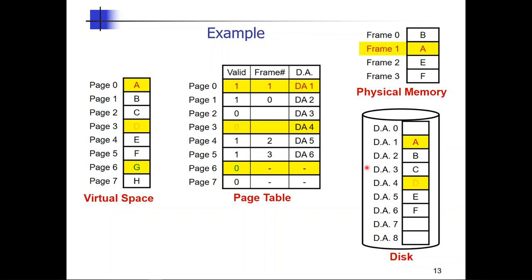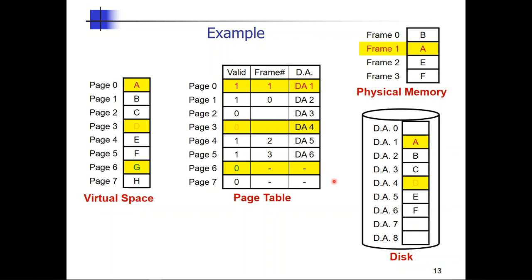Disk area 4 is the same marking, D. So we will need to pick a particular frame to be replaced, bring D from the disk into the physical memory, and then update the page table. The operating system is responsible for all of that.